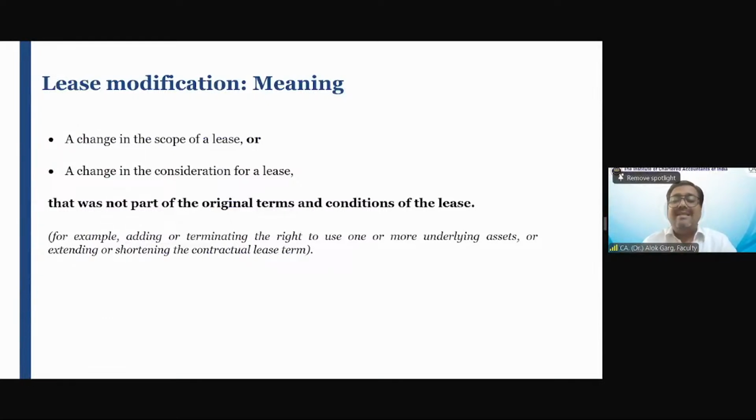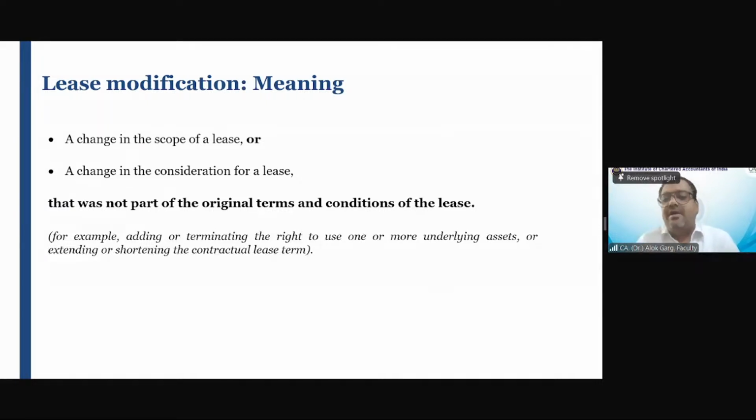Now let's discuss lease modification. Very, very, very important aspect. Friends, if your question paper is tough and complex, always remember you will have at least one question from lease modification. What is meant by lease modification?